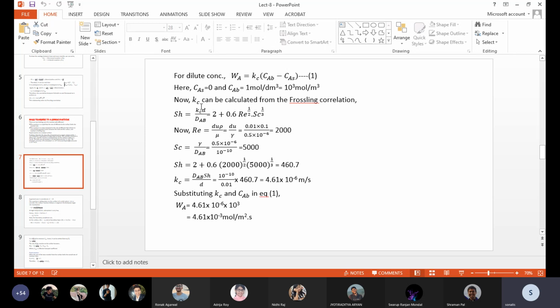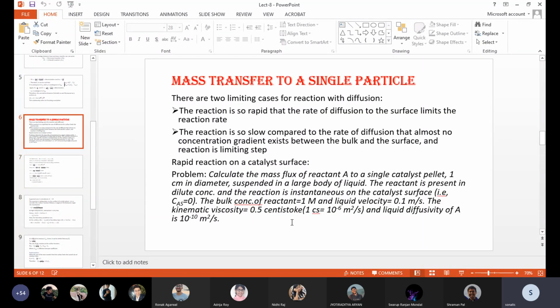Now we can calculate Kc from the Frossling correlation. Sherwood number, what is Sherwood number? That is Kc d by DAB is equal to 2 plus 0.6 Reynolds to the power half Schmidt to the power 1/3. Here, as flow rate is given, we can calculate the Reynolds number, d u rho by mu or d u by nu. Nu, kinematic viscosity value is given: 0.5 centistoke. 1 centistoke is 10 to the power minus 6 meter square per second.